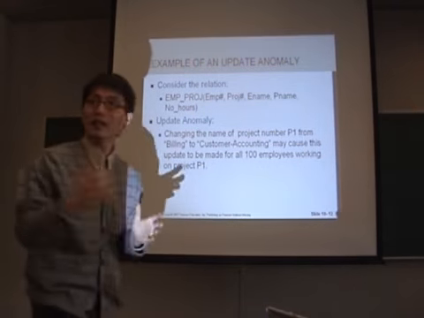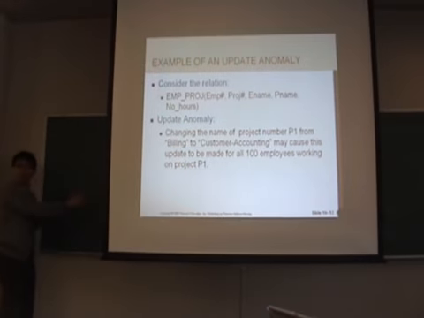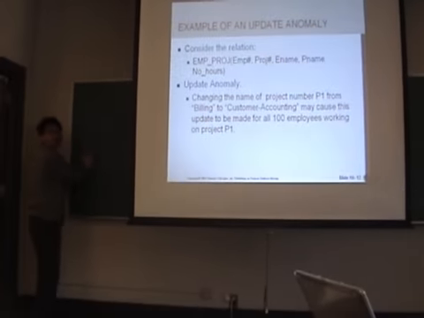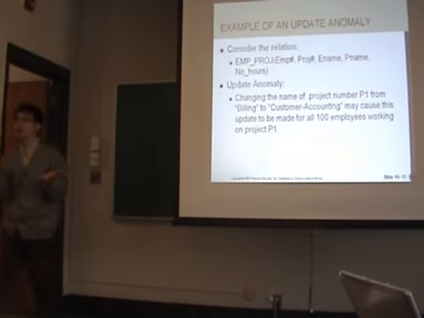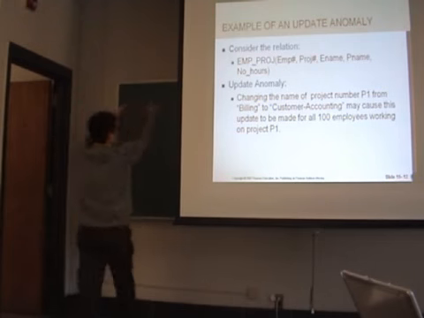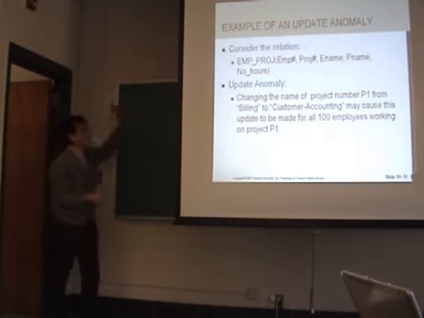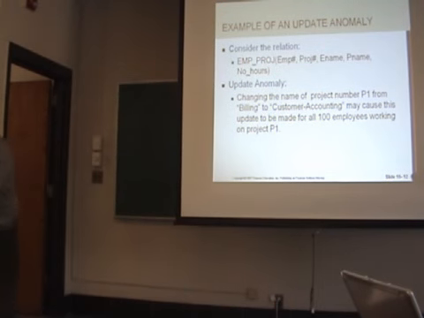Also, it's the same thing with delete. When you delete the HR information, the other meaning will be deleted. You actually didn't expect the employee data to be deleted. Because it's a bad model, bad quality, data will be unexpectedly, accidentally deleted.